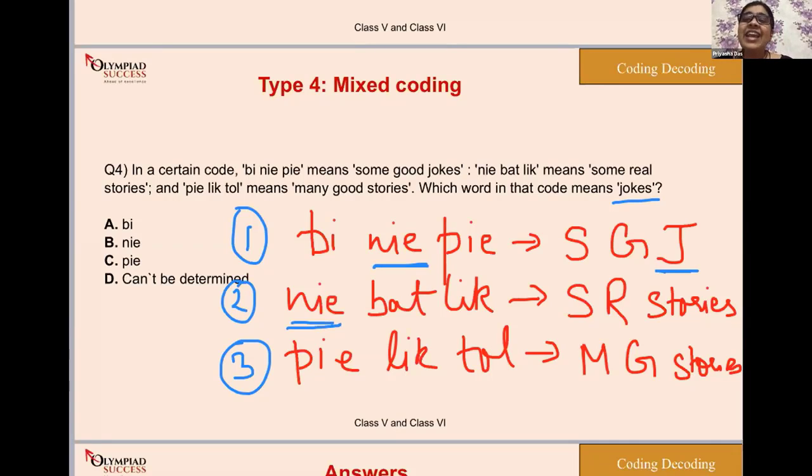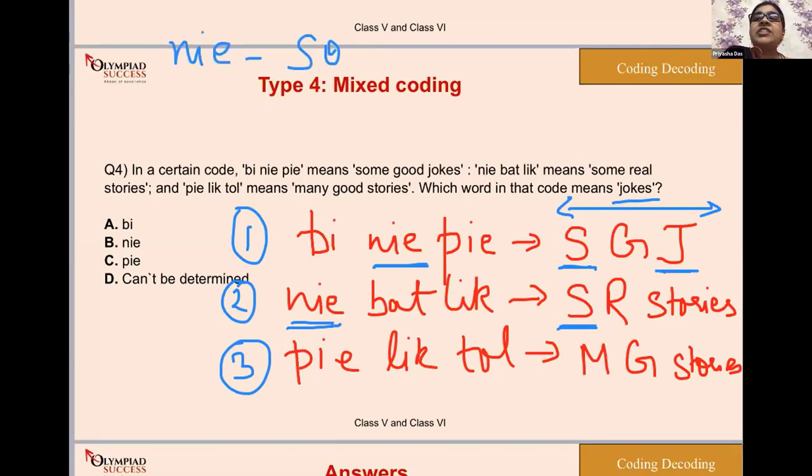Yes, nai is matching. Nai is the coded word which is matching. And in the real meaning side also, you will have some words which are matching. What is that word? You will say, ma'am, some and some are matching, and nai are matching. Can you see it carefully?